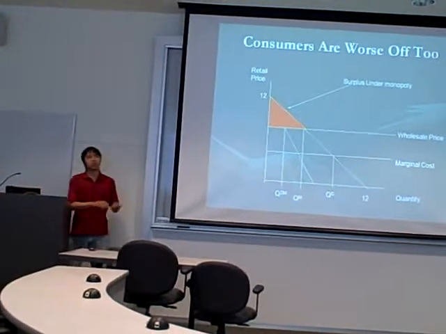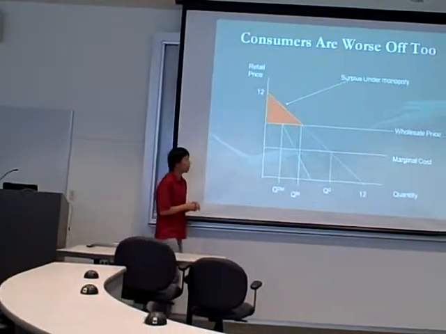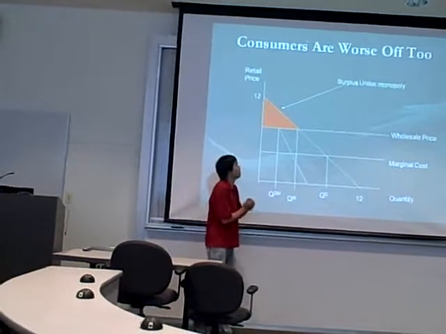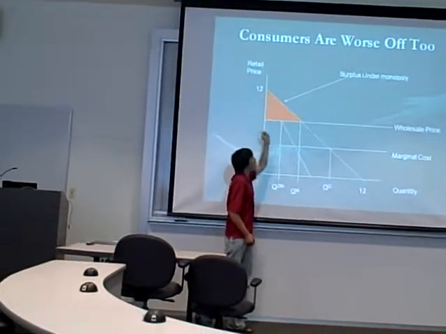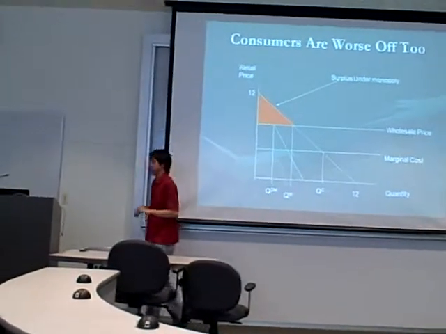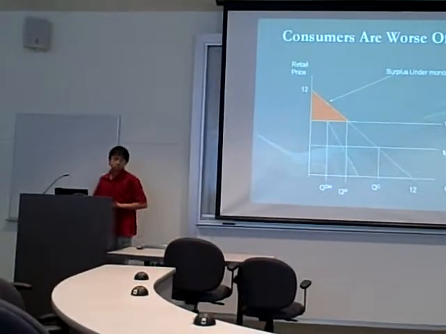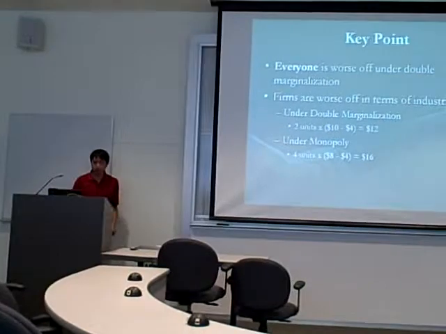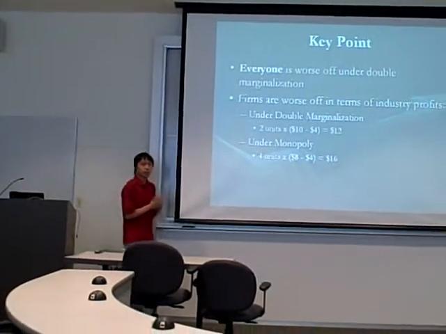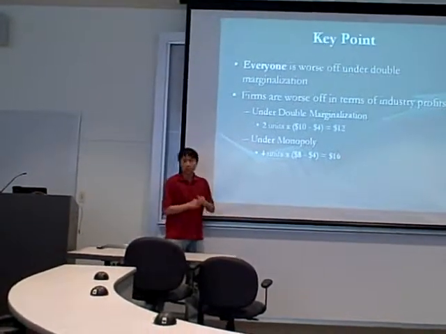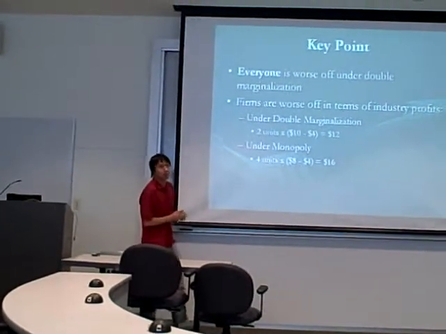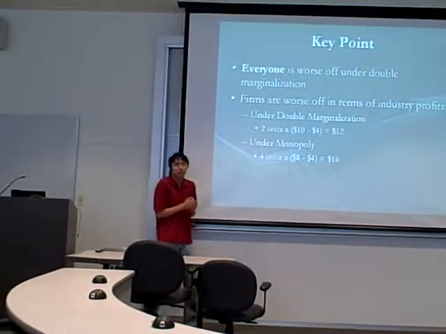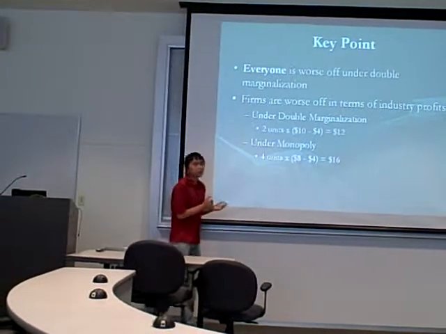And under just the monopoly, no competition, the consumer surplus will be this part. Then we see that consumers are actually worse off given double marginalization. And how about the manufacturer and the retailer? If they have the incentive to charge a price like this, then basically we can say at least it's a reasonable result.